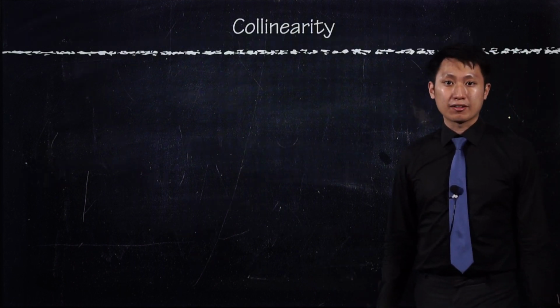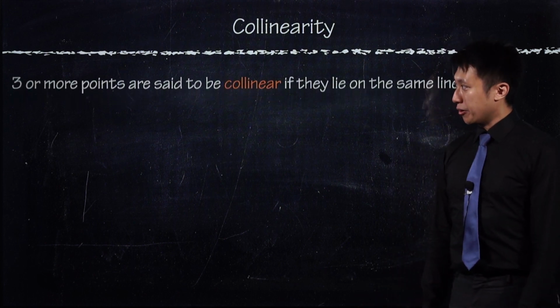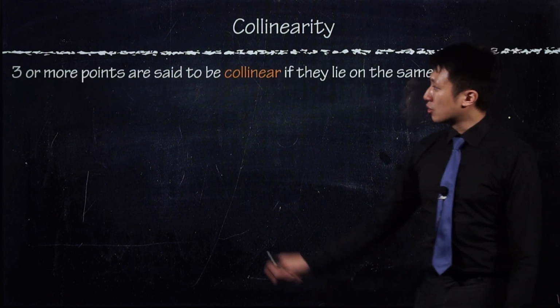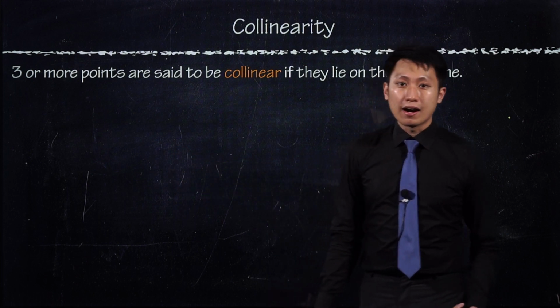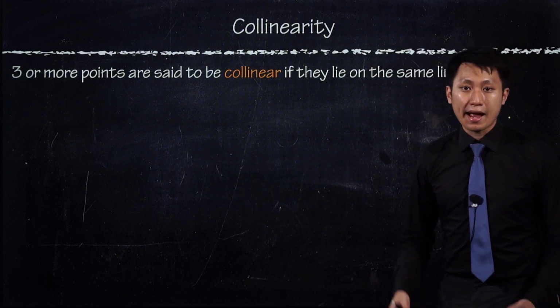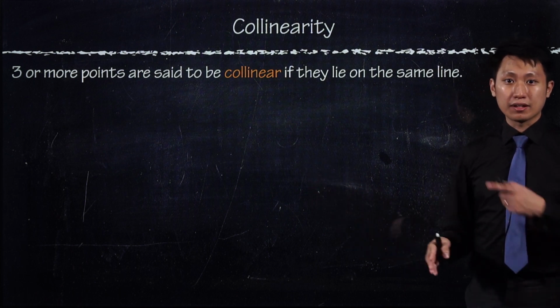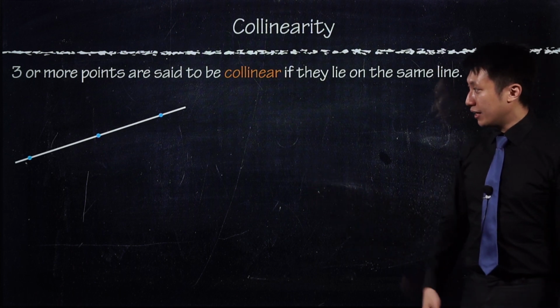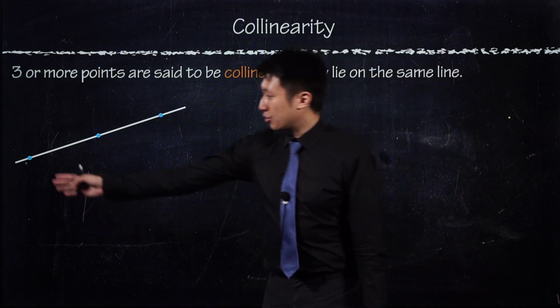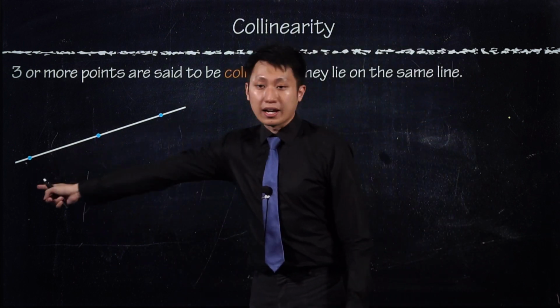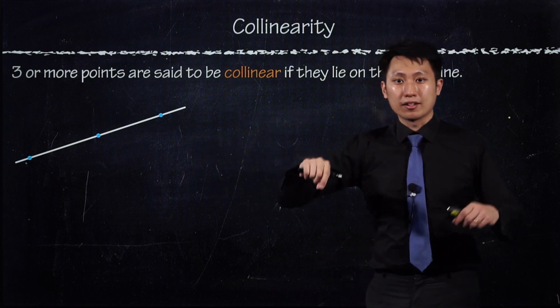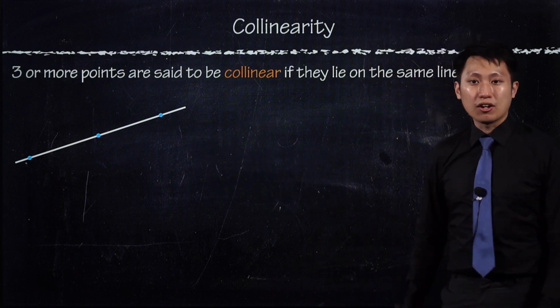Next, we will talk about collinearity. What does it mean by collinear? So 3 points or more are said to be collinear if they lie on the same line. If you join them all together, it's on a line. So it's very easy to visualize it. If you have 3 points and you draw a line and it's exactly on that line, then it's called collinear.